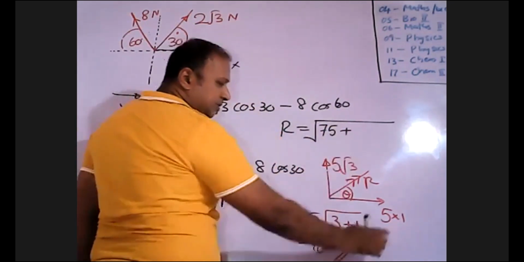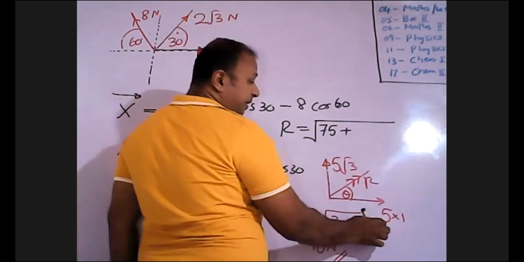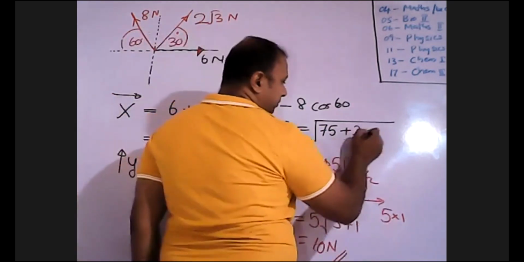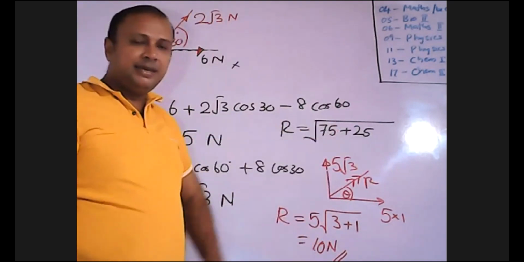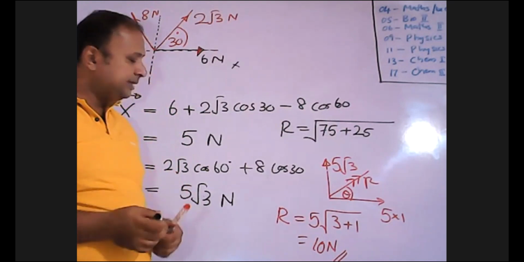Plus the square of this one, square of 5, that means 25. So that is 100. The square root of 100 is 10. That is also correct.